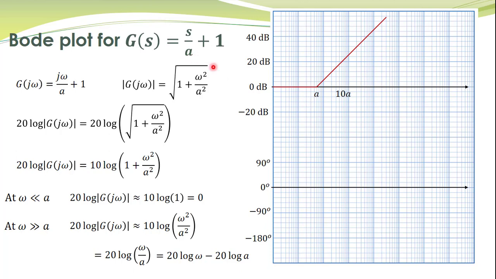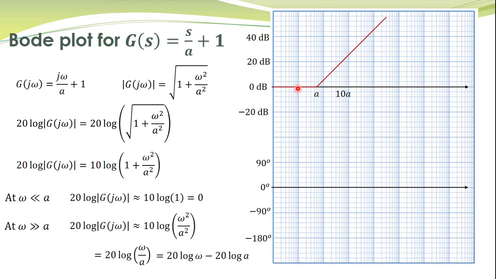this transfer function. This particular frequency is called the corner frequency. This magnitude diagram is not an accurate diagram. This is called an asymptotic diagram. At lower frequencies, it will be fairly accurate. At the higher frequencies, it will be accurate. However, at the frequencies where both of these terms matter, this graph will not be very accurate.